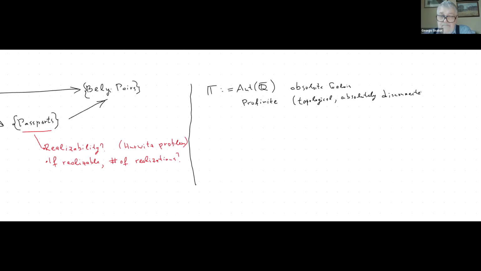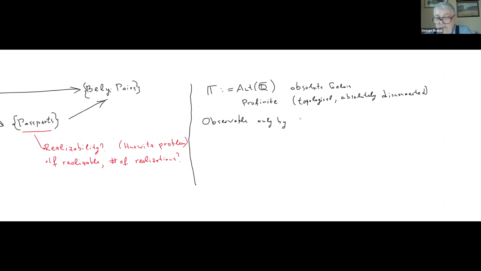And this group is quite mysterious. Perhaps I can claim that it is observable only by its finite factors.